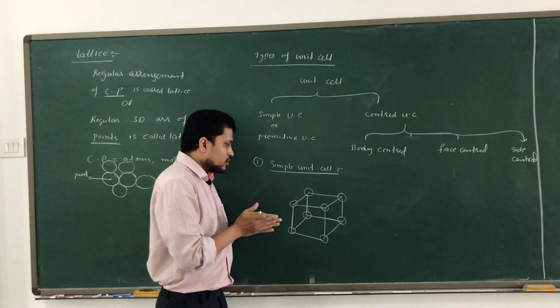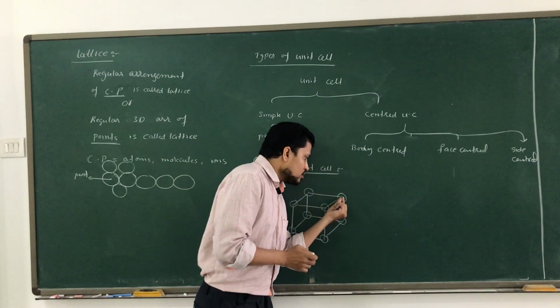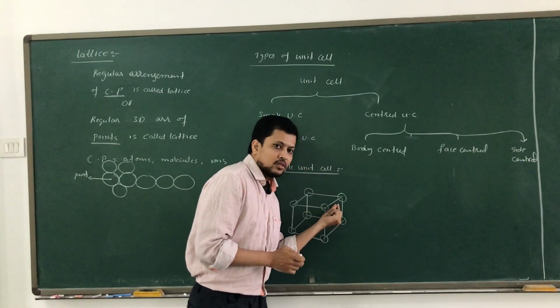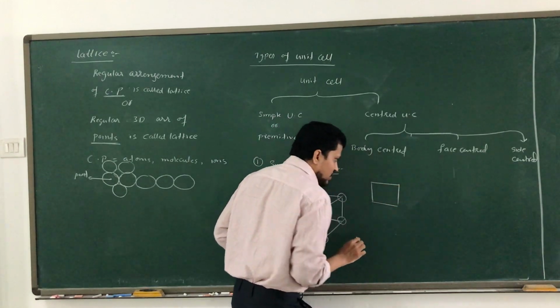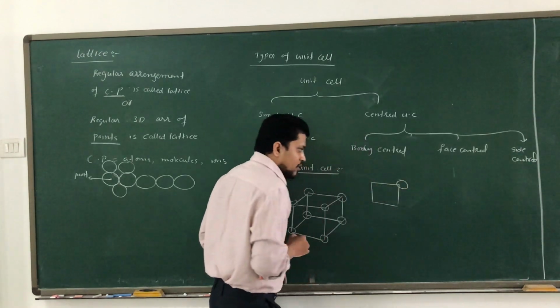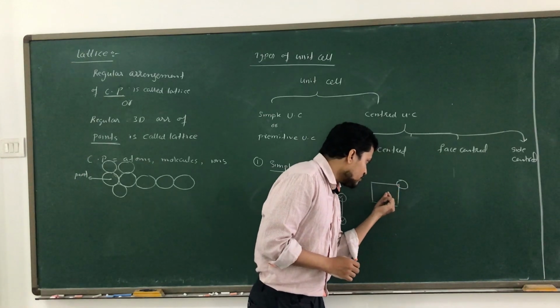Now if you are talking about this particular one atom, how much this atom is contributed to this particular cell? Suppose this is a simple cube we have. If I am having one atom over here, how much this atom is contributed for this particular cell?